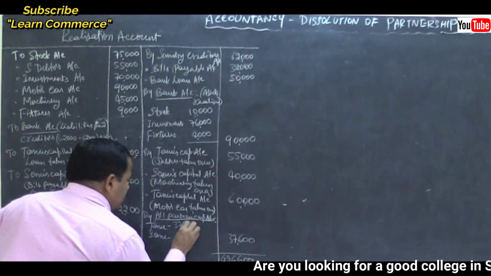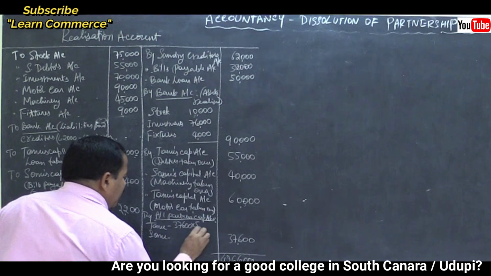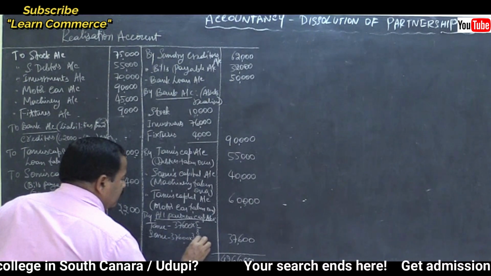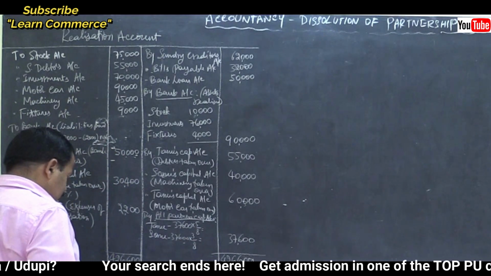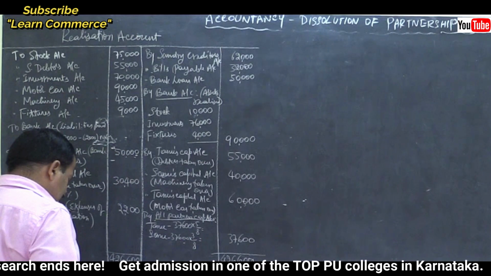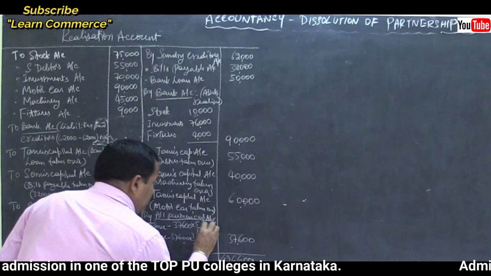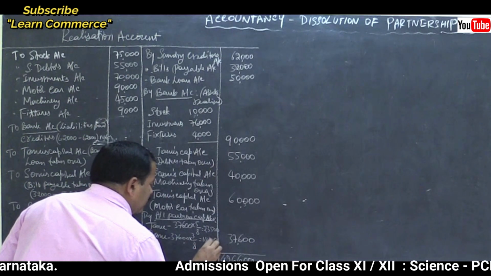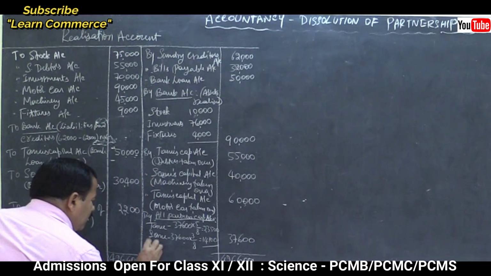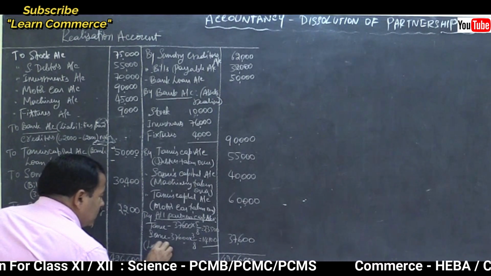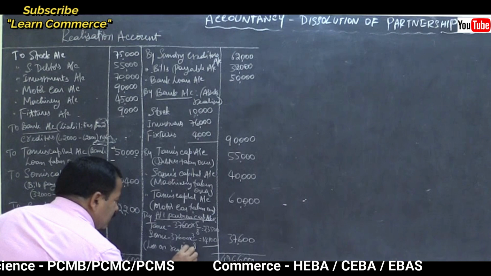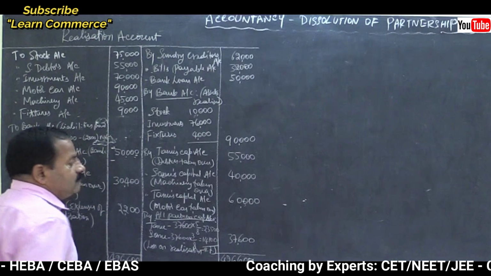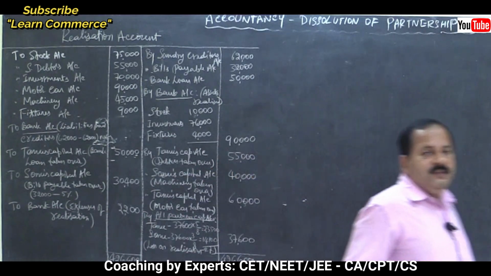That is equal to 23,500 and 14,100. That's all. Right here, loss on realization, balancing figure. Yes, your first part is done.